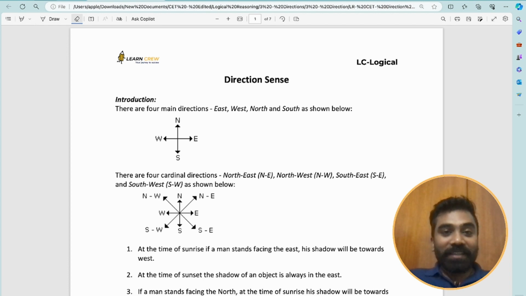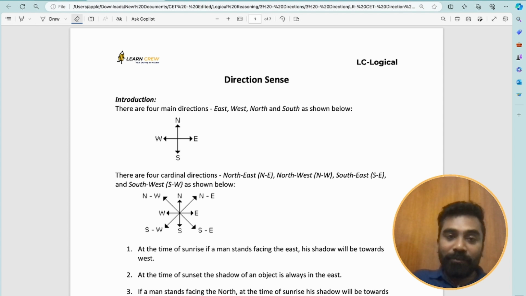Okay, so without any further ado, the next topic for this session is direction sense, or the direction test. In your examination, you will have one or two questions based on directions. It could be about traveling in a specific direction, north, west, south, east, and how many kilometers you have covered, or in which exact angle you are.